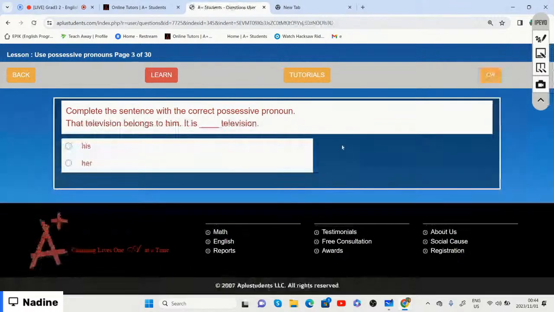And then that television belongs to him. Now do we say it is his television or it is her television?